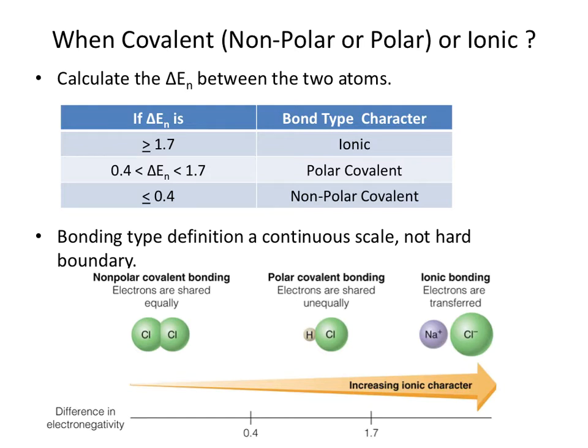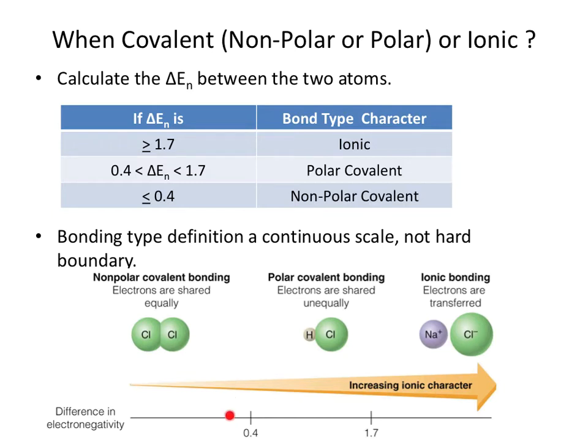So we've arbitrarily chosen to be between nonpolar and polar an electronegativity value of 0.4. If the electronegativity difference between the two atoms is greater than 0.4, we're going to consider that to be polar. Anything less than that, it's going to be nonpolar. Now, this value here is arbitrary.